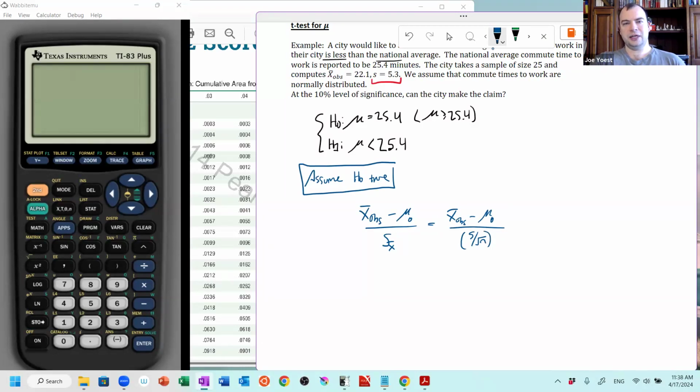And again, we knew that when we had a sigma instead of an s, this was distributed as standard normal. When we have an s, this is distributed as a t. So this is our t observed.